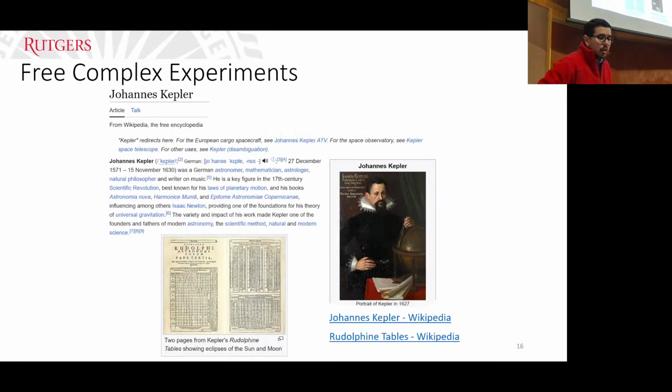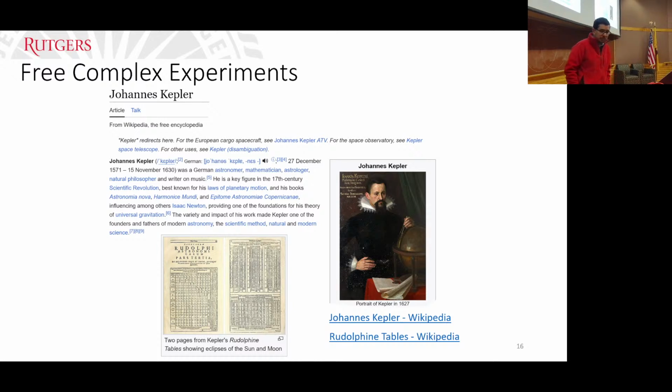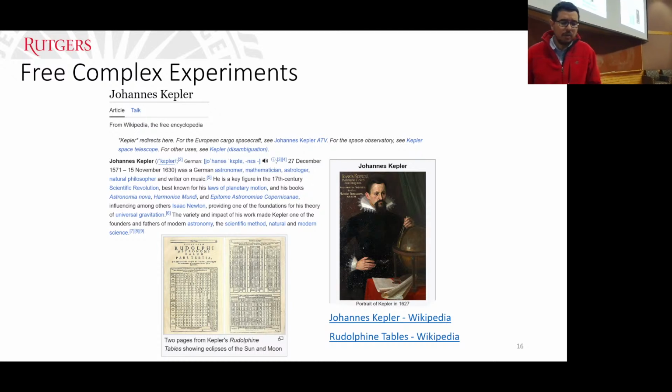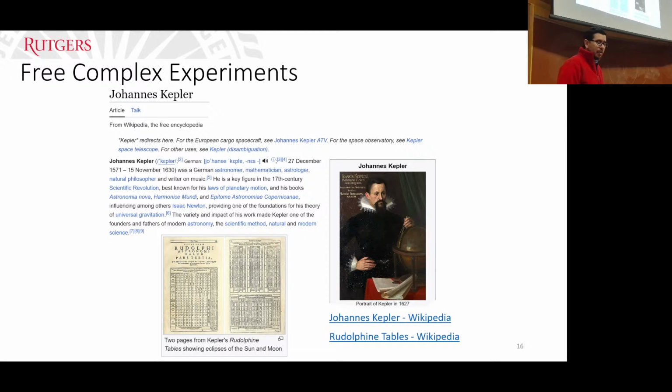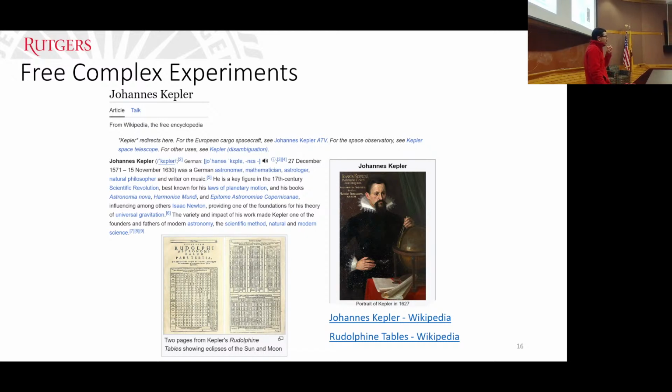Okay. So Johannes Kepler, we're going to do particle dynamics. We're going to do some orbital mechanics very soon. Okay, it'll be fun. And Kepler, he is an astronomer, and he published these tables. He also had some funding that allowed this to happen, that were based on observations.